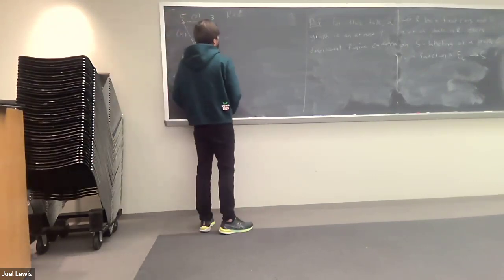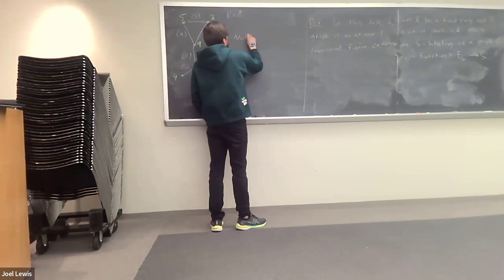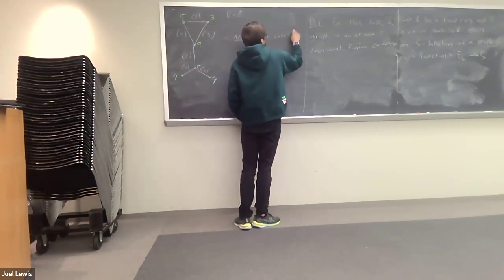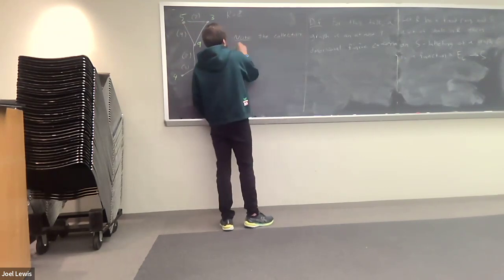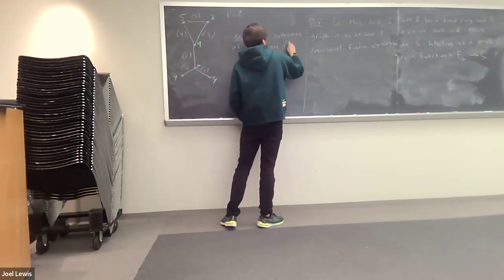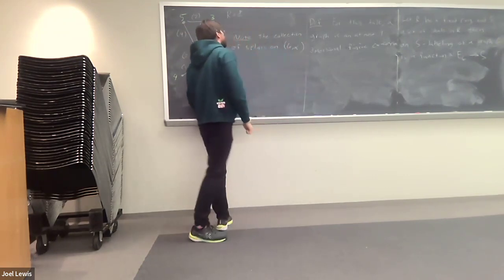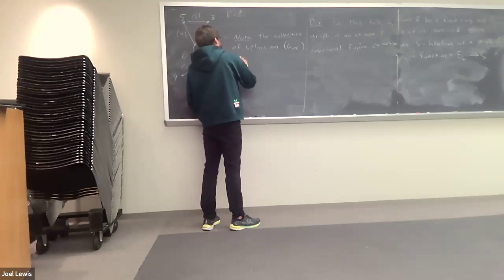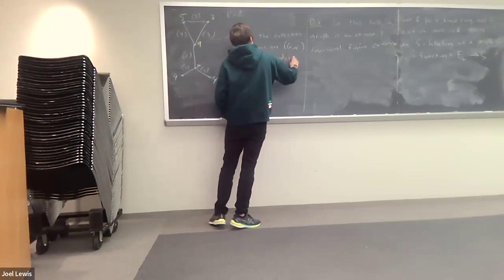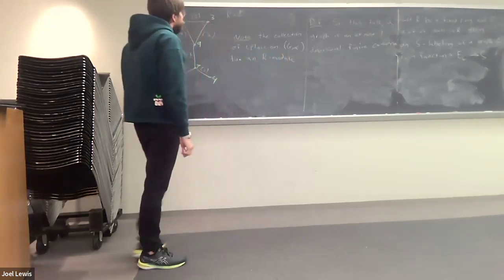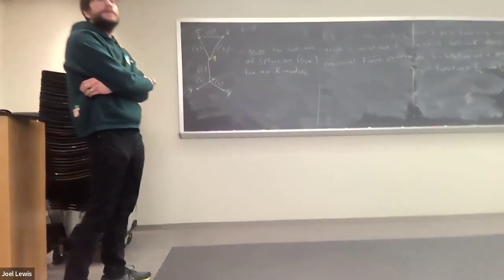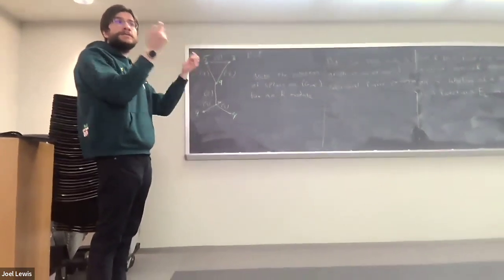Now, just because it might become important later, note that the collection of splines on the graph forms an R module. Because if I take two splines, then there is a natural way which I can add them, which is to just add them vertex by vertex.